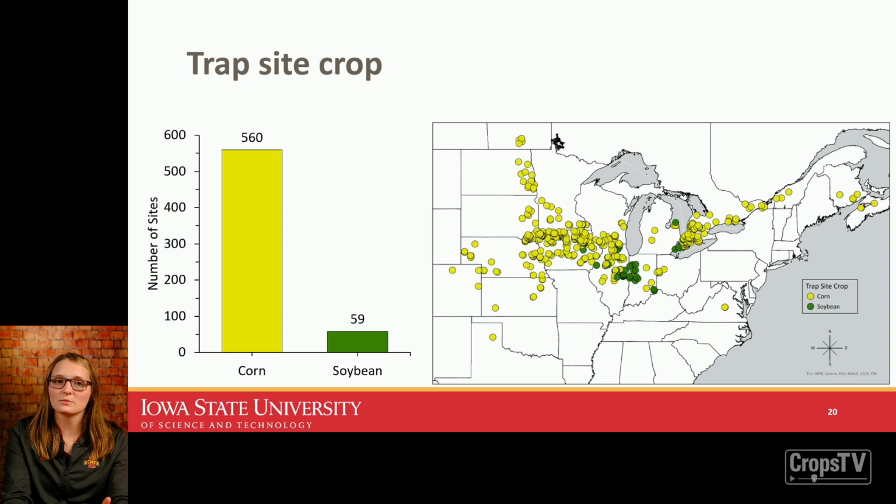So first, I just wanted to look at what crop did people place their traps in. Of course, for the most part, because we're monitoring corn rootworm, people were putting their traps into cornfields. So that was the most prominent trap site crop. But people also placed them in soybean. And you can tell by the map that the majority of those were in Illinois and Indiana.